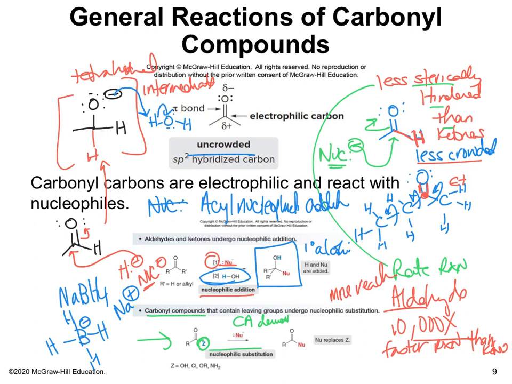So this becomes nucleophilic substitution, and this will be a different mechanism. So this will be acyl nucleophilic substitution. So we're going to focus on aldehydes and ketones in this chapter, and they're undergoing nucleophilic addition.